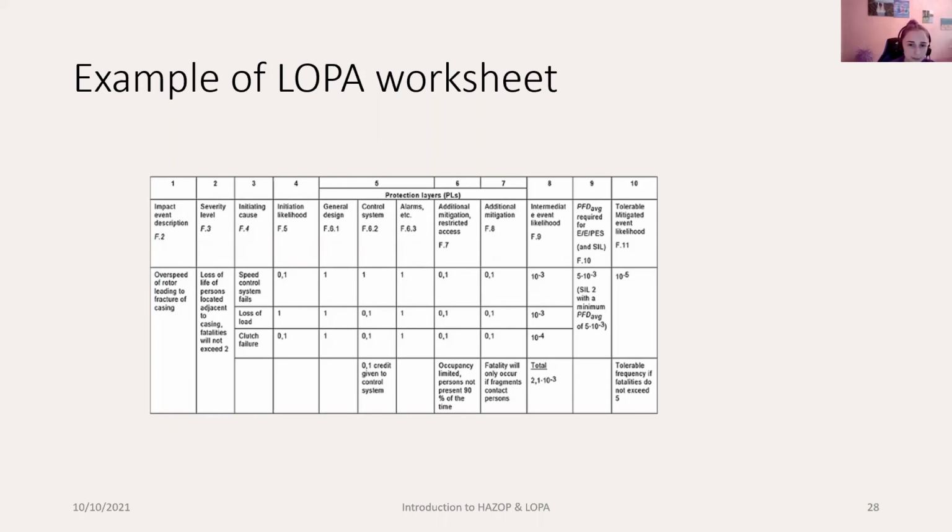Sometimes in addition to your IPLs, there are different ways of mitigation which are also counted. That really depends on the type of company you're working for, and they add this data, like you are having restricted access to this area.